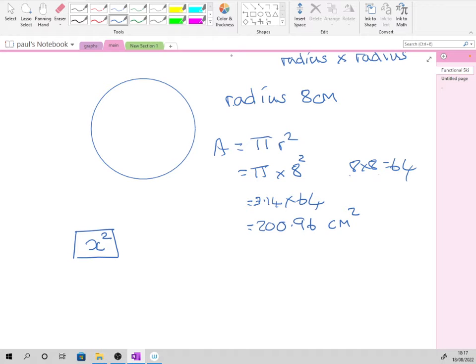So you can use your calculator to do the short bit. If you didn't want to bother, you could just write in 3.14 times 8 times 8, and you would come up with the same thing. So you're doing it all in one line and going straight to there rather than going through that halfway house.